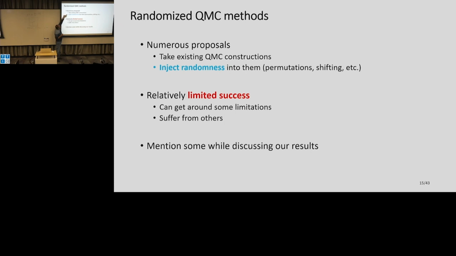They take existing QMC constructions like this Van der Corput one, and try to inject some randomness. So maybe you permute the coordinates, like flip the roles of x and y, or do some other fancy permutation depending on the structure of the construction.